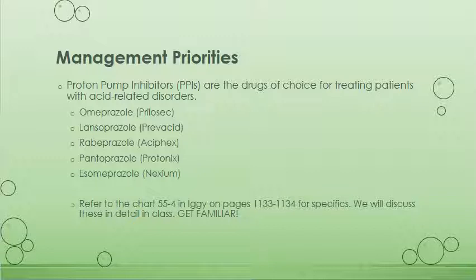We are going to discuss these medications more in detail in class. So please open up your computer and look at chart 55-4 to get familiar with these different medications. What would be the pros and cons of each one? We're going to be working on that in class, okay? So get familiar a little bit before you come to class.